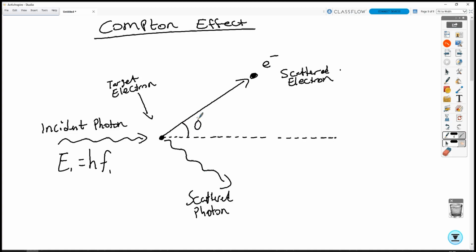These two create their own angles to the horizontal, so two different angles. It's possible to have them the same, but they don't have to be the same. And what we observe is that this scattered photon has a different wavelength than the original incident photon. Its wavelength increases and its frequency decreases, so its energy decreases. So it's got E2 equal to hf2.